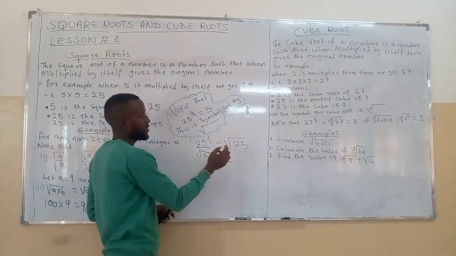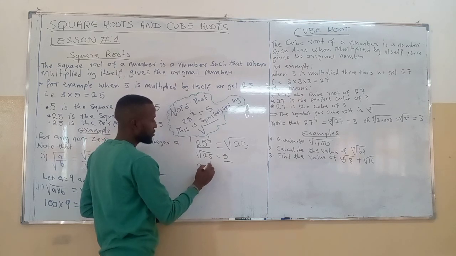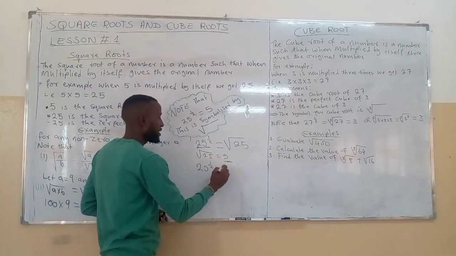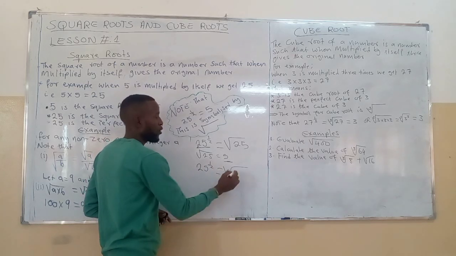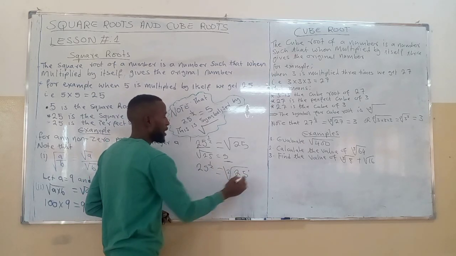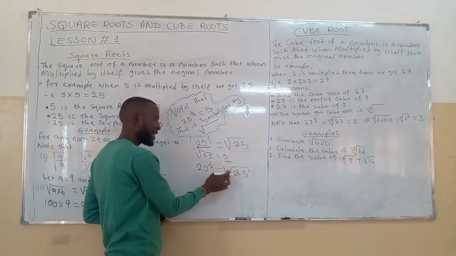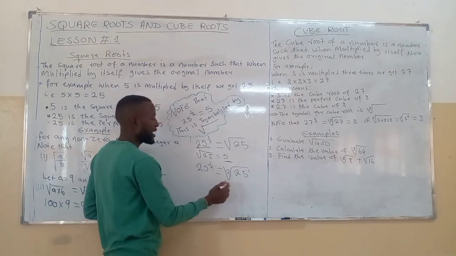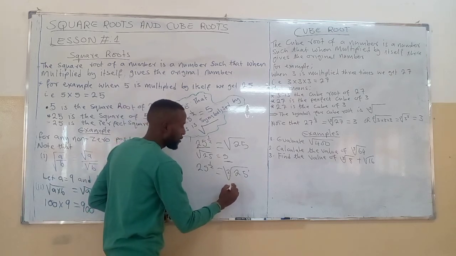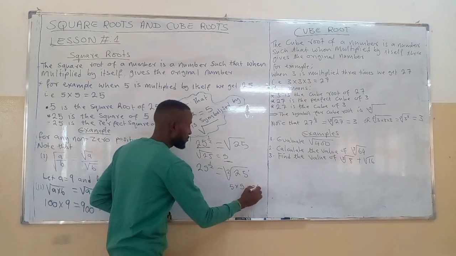In other words, if I have 25 to the power 1 over 2, this 2 means a square root of 25 raised to power 1. So what number can I multiply 2 times and get 25? That number, of course, is 5 times 5, and my answer is 25.